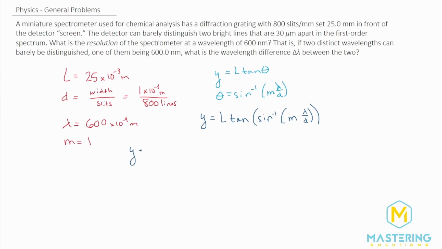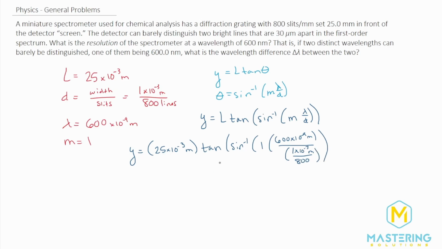So y is equal to L, which we said was 25 times 10 to the negative 3 meters. And then we'll take the tangent, and then inverse sine of m, which we said is 1, times lambda, 600 nanometers, over d, and we said that is 1 times 10 to the negative 3 meters over 800 slits or lines.